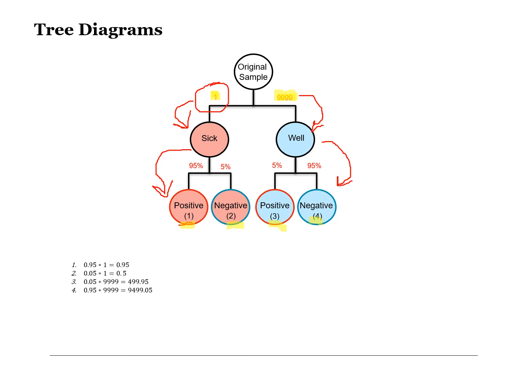And here are the calculations. Just getting a highlighter. So each line is an equation for the number of people in each node. It might seem strange to you that there is 0.95 people in node 1.